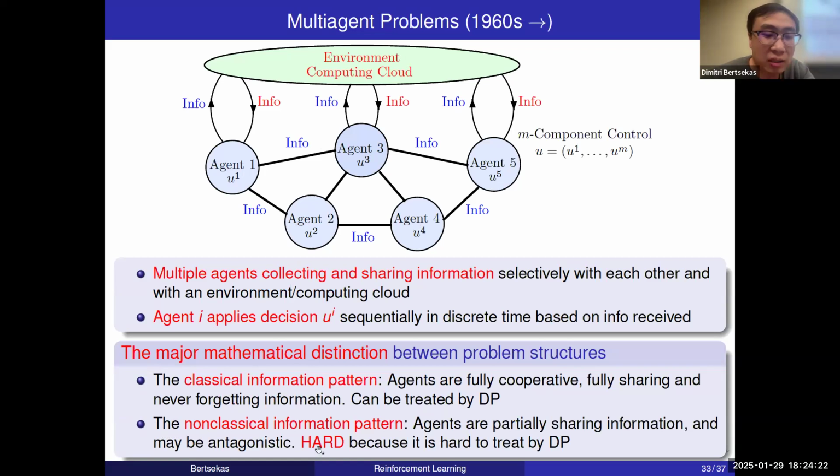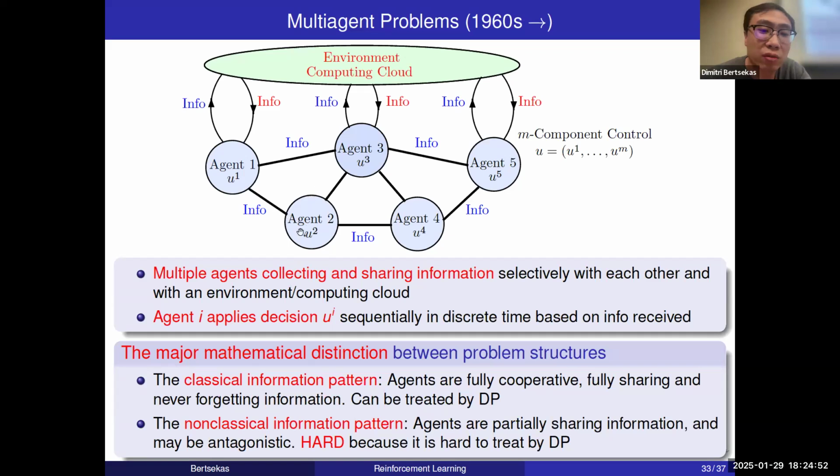Whereas the non-classical information pattern is where agents are partially sharing information and can be antagonistic. So as shown in this figure, suppose that all the information available to agent 1 is not shared through this line, then agent 1 has more information, and maybe their cost functions are different.